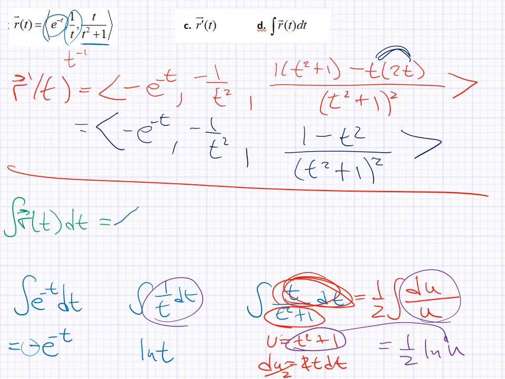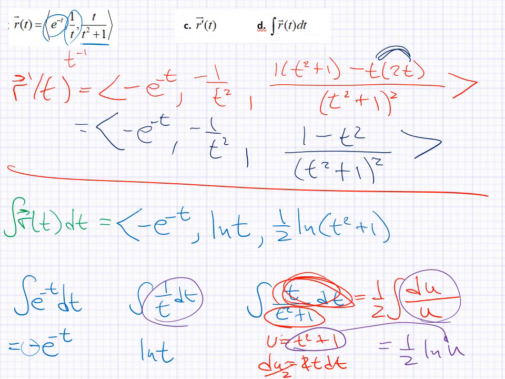The integral is going to be this vector, plus c1, and a different c value for each component. But if you can integrate and differentiate, this should be no big deal.